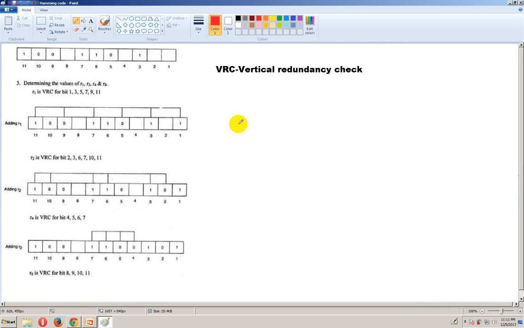So let's calculate this together. We need 2 to the power r to be greater than or equal to m plus r plus 1. First we take r equal to 3: 2 to the power 3 is 8, and 7 plus 3 plus 1 is 11.